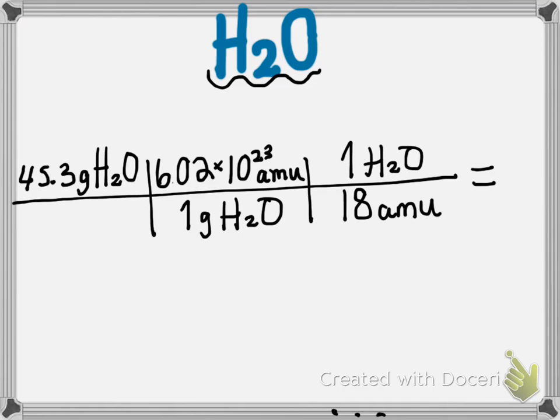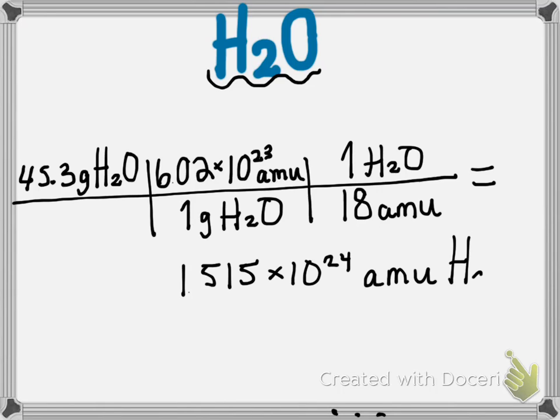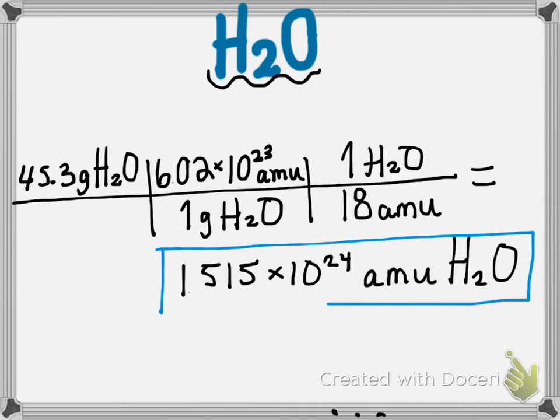You should get around 1.515 times 10 to the 24th AMU, and don't forget H2O. This is your other answer, and you're going to do something with those answers in just a sec. Also, I forgot to say, don't forget that these cancel out because they're across from each other. That's how you get to your answer.